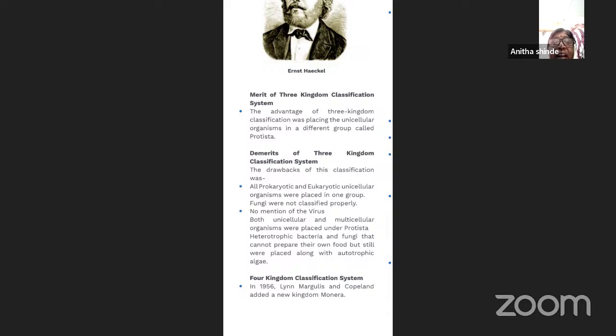And even heterotrophic bacteria and the fungi that cannot prepare their own food, but still, how can you consider them under autotrophic algae? So that is the reason why you cannot put them in one group. So all these will come under the demerit. So that is why his system of classification also had drawbacks.